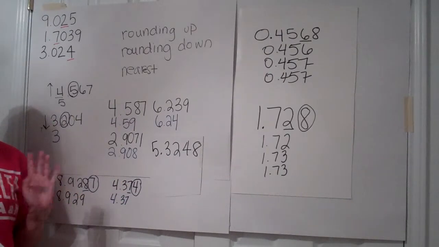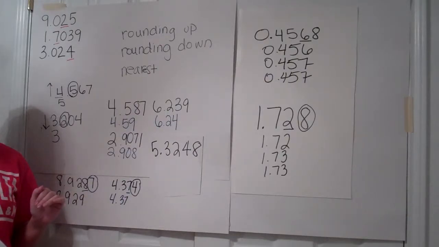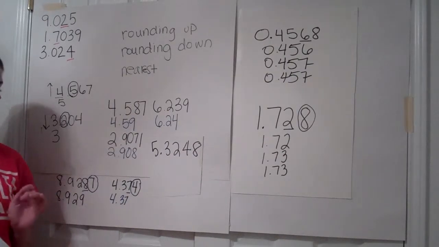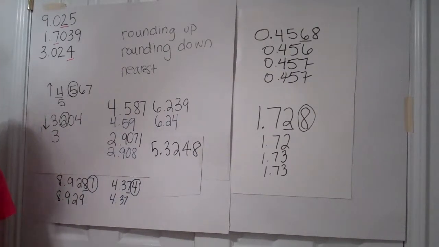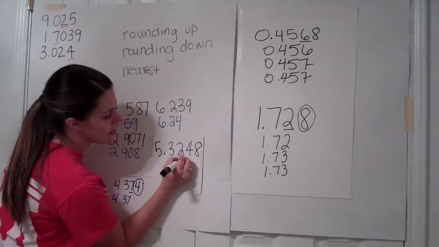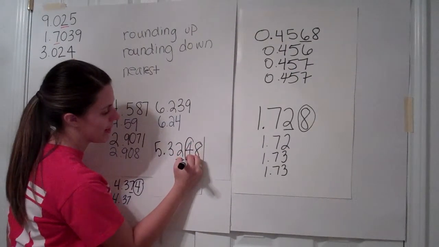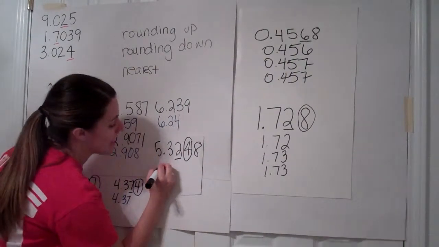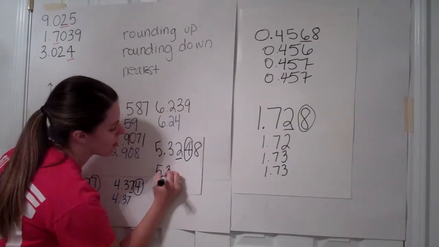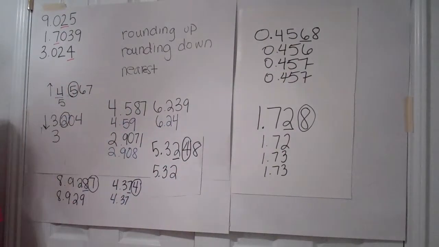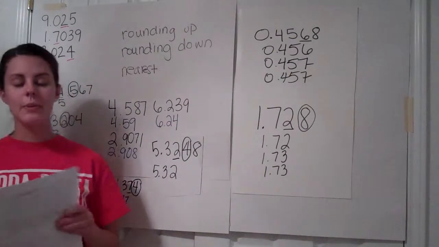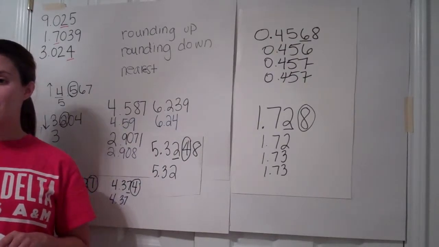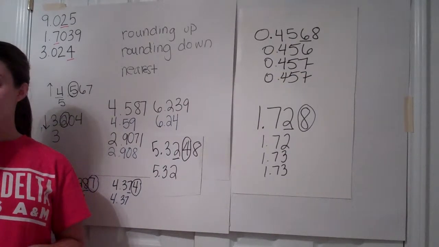So am I going to round up or down? Down, the 2 stays the same. Good, because we're rounding to the nearest hundredth, so we look at the place value to the right, and it's a 4. So we're going to round down, or stay the same. So 5.32. Good job.